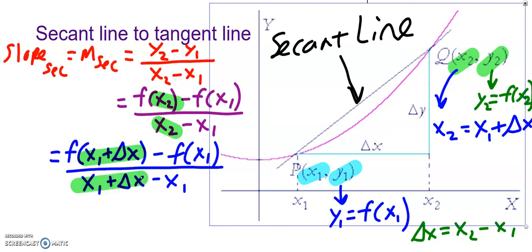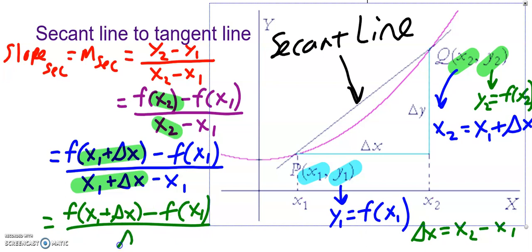Now, hopefully we should see that the last thing we can do is simplify the denominator, because x1 and minus x1 are going to cancel. So I end up with f of x1 plus delta x minus f of x1 over delta x.